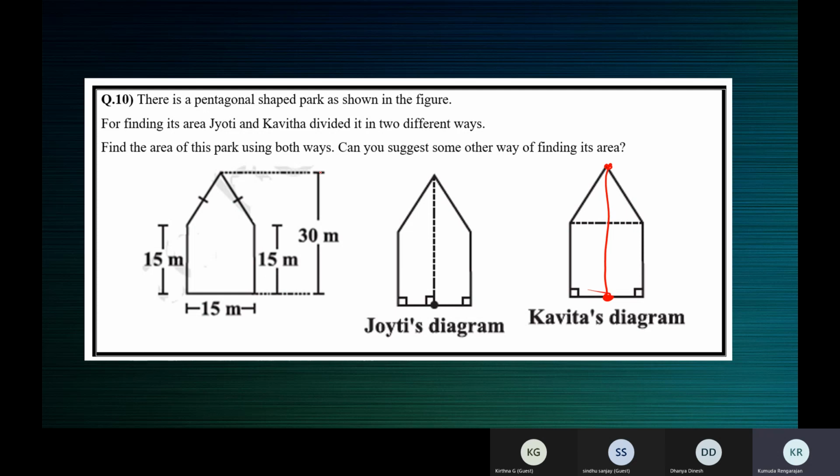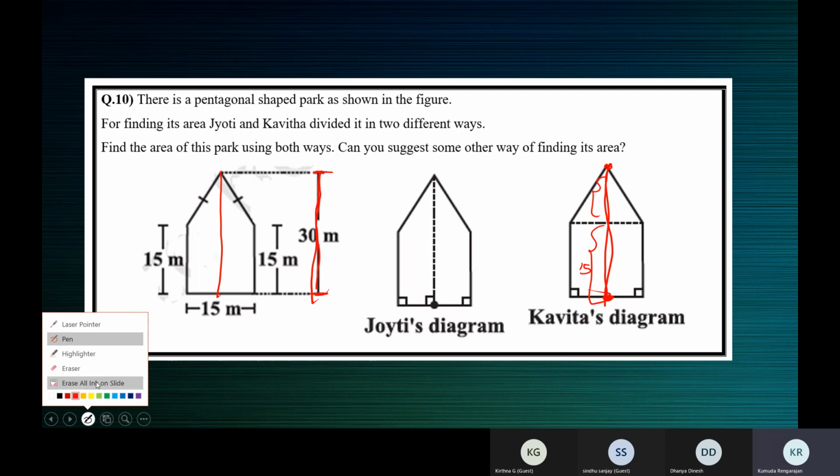It's given here. This complete height of the figure, this full height from here to here is 30. And this alone is 15, so the remaining part will be 30 minus 15, which is 15.